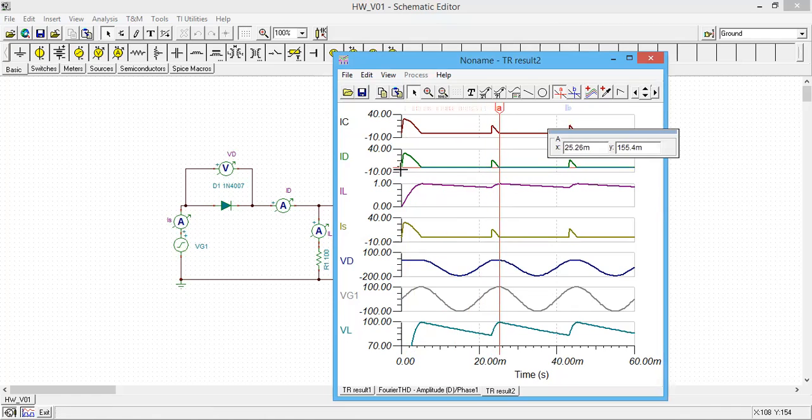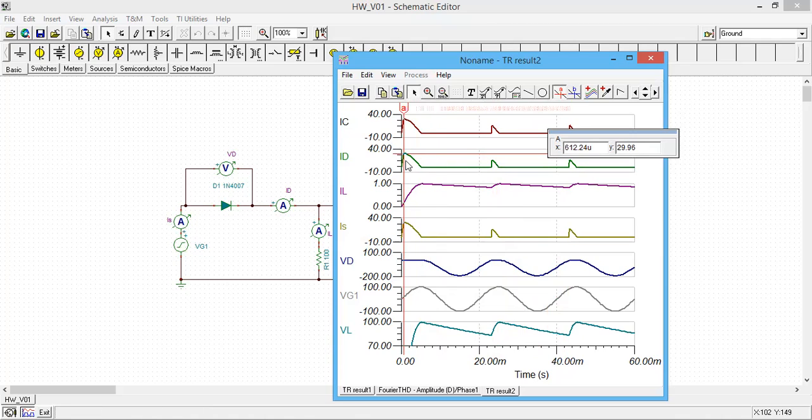So the diode voltage waveform is not like what you have seen in the previous case. The diode voltage waveform has changed because the diode is only conducting when the capacitor does not have the charge, and it draws a very large pulsating current, around 15 amps. But at the start, it draws around 29.96.